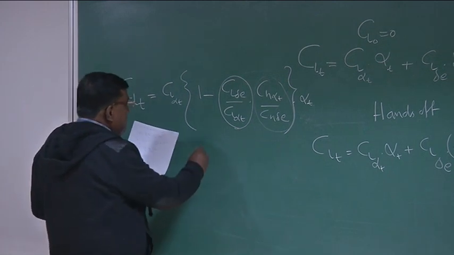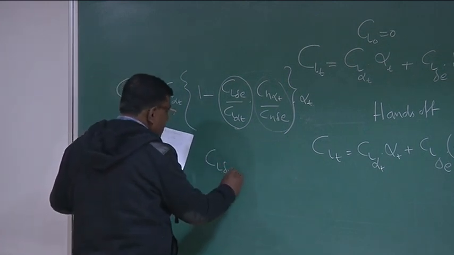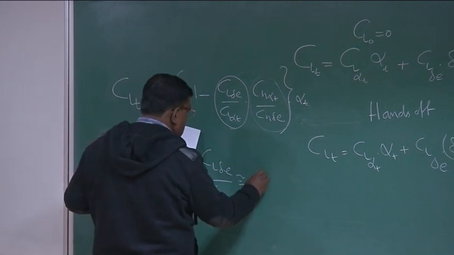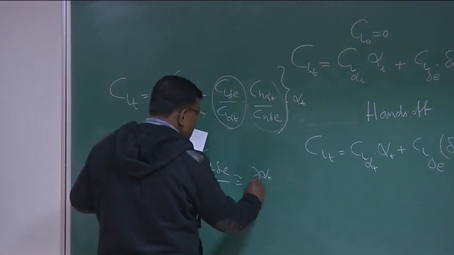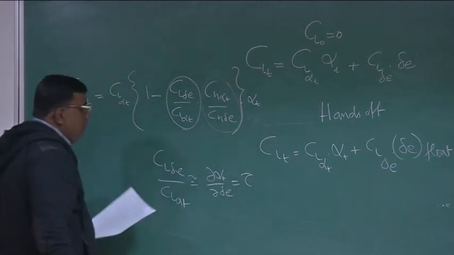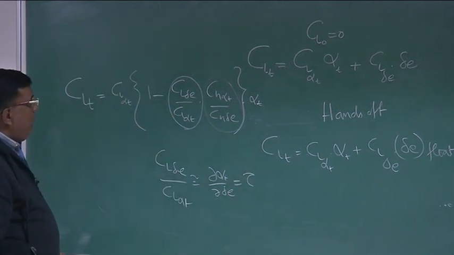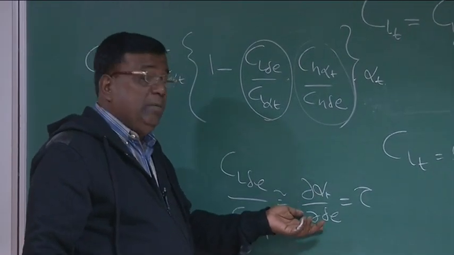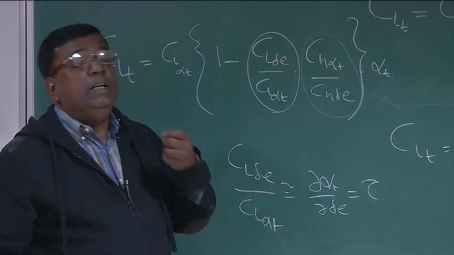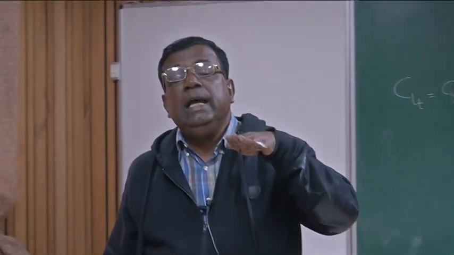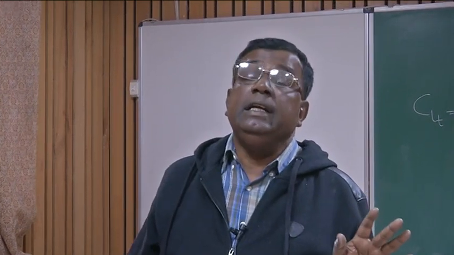So now you know that CL delta E by CL alpha T is nothing but d alpha T by d delta E, and which is in notation wise we say tau. What is the physical meaning of this ratio? It comes mathematically as d alpha T by d delta E. That means per unit change in elevator deflection, how much tail angle of attack effectively is changing.